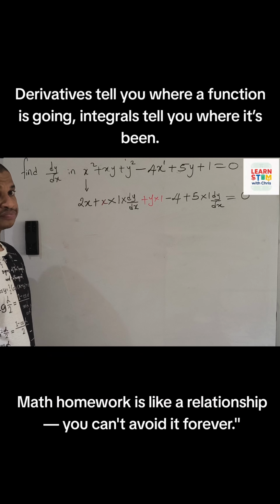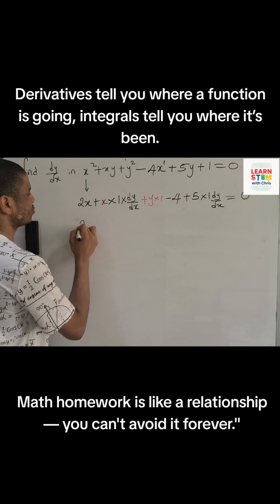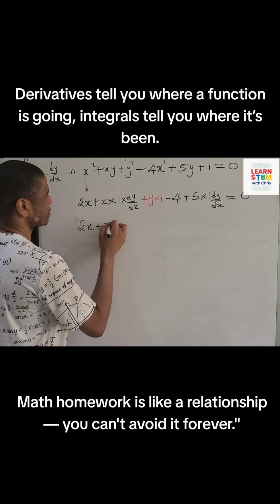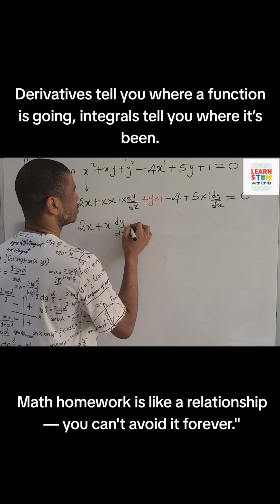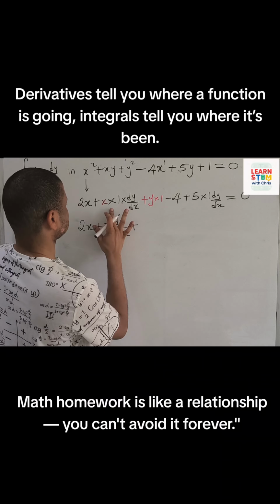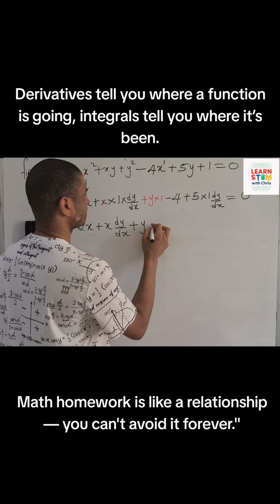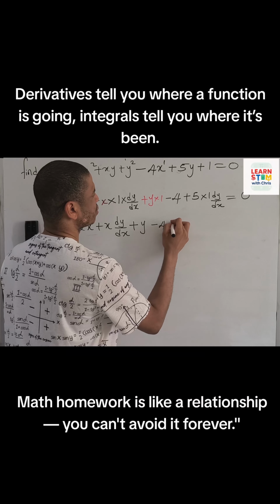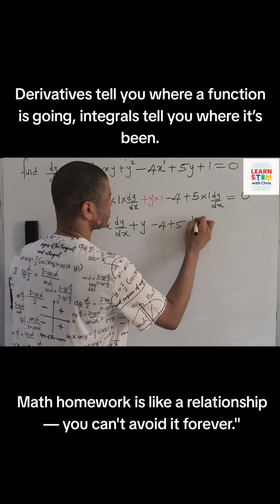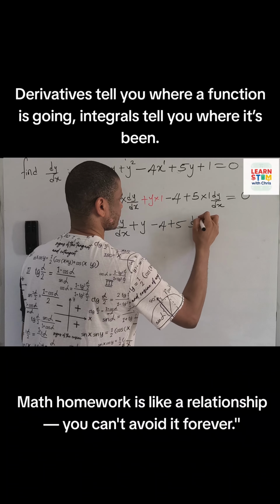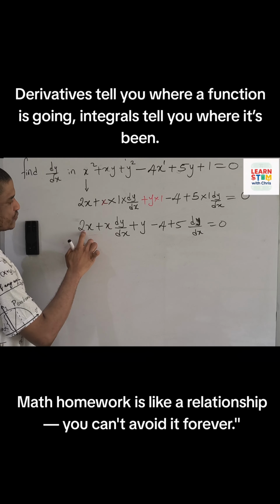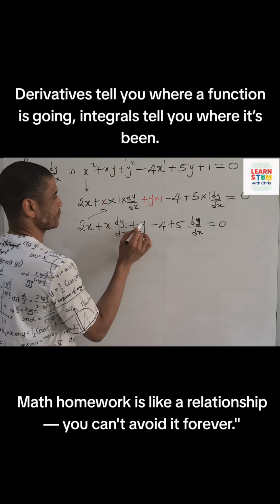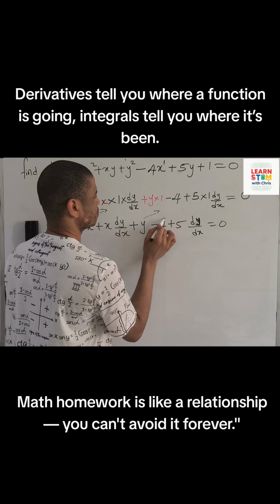Now I just need to collect like terms. So this will be 2x plus x dy/dx plus y minus 4 plus 5 dy/dx equal to 0. I move this to the other side, move this, move this.